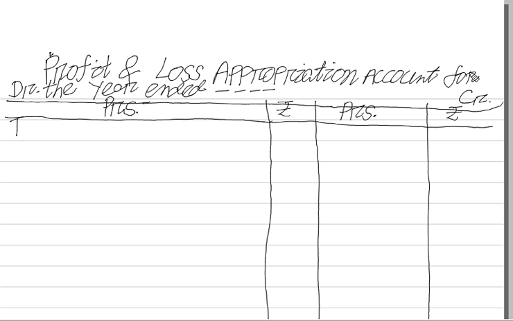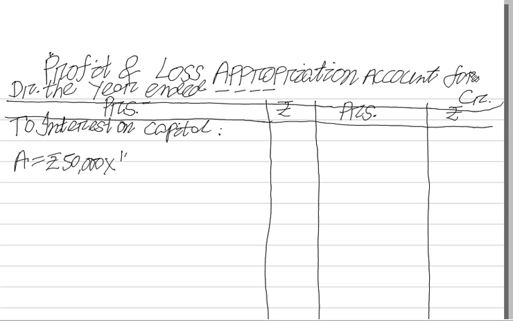To interest on capital for A, B and C. For A, it is rupees 50,000 at the rate of 10%, that is equal to rupees 5,000.